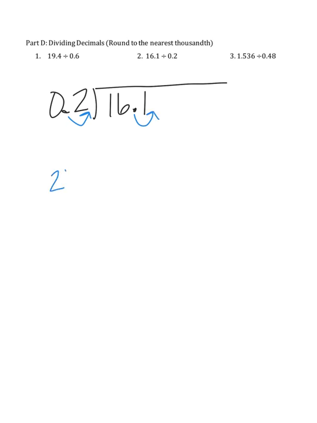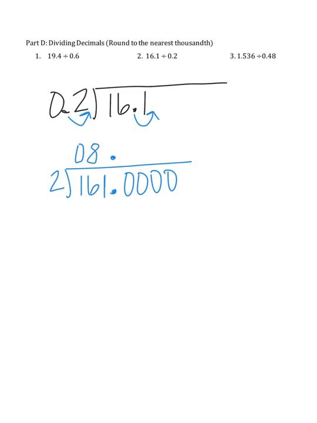We have 2 into 161. We still need to add our decimal place in the whole number, bring it up to the quotient, and add a few zeros to divide. Now 2 goes into 1 0 times. 2 goes into 16 8 times.